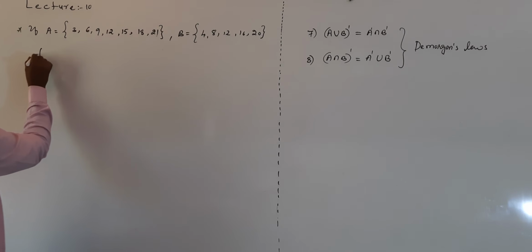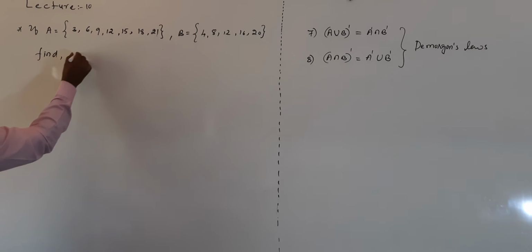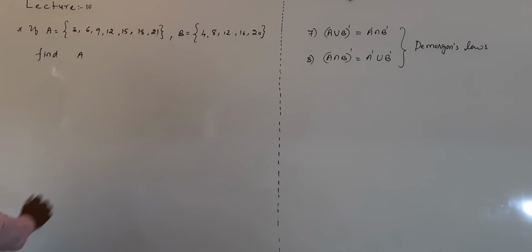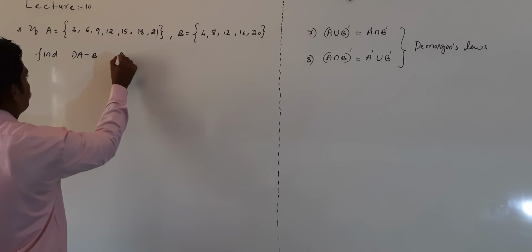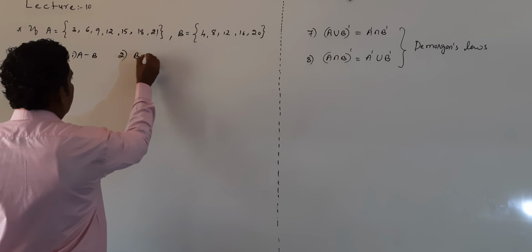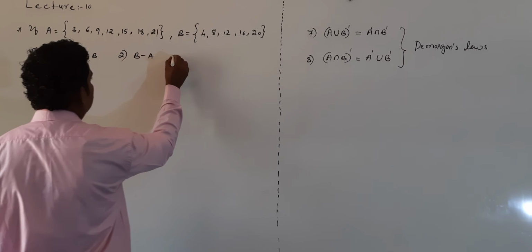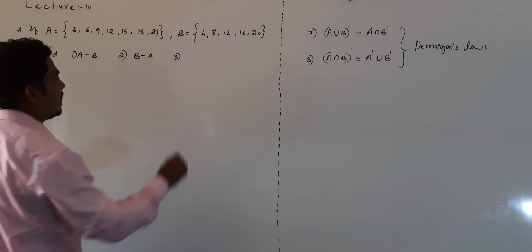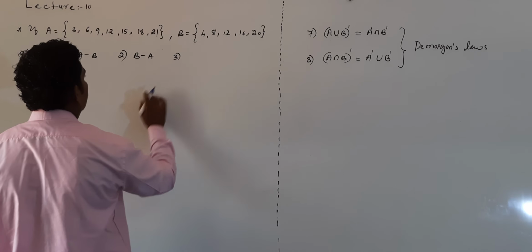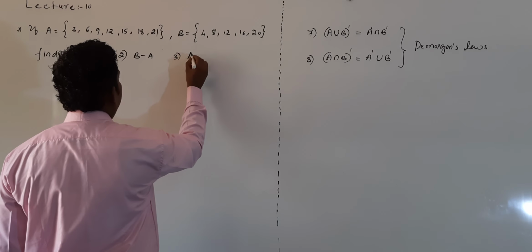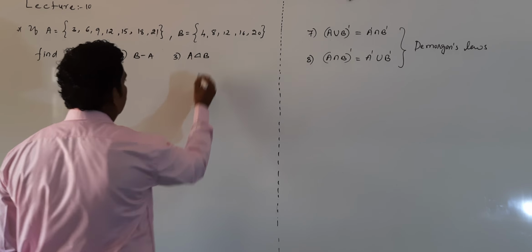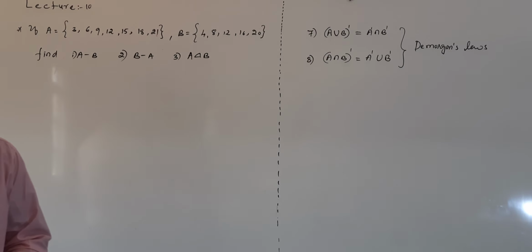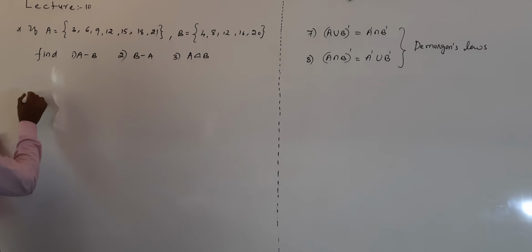Find first, A minus B, second, B minus A, third, the symmetric difference of A and B.